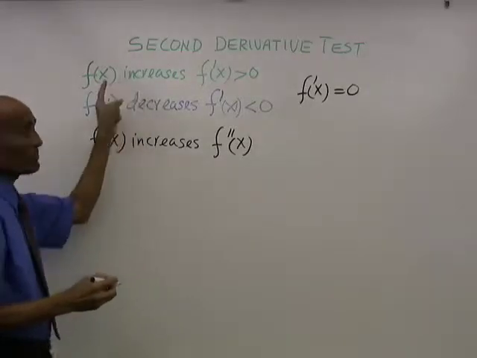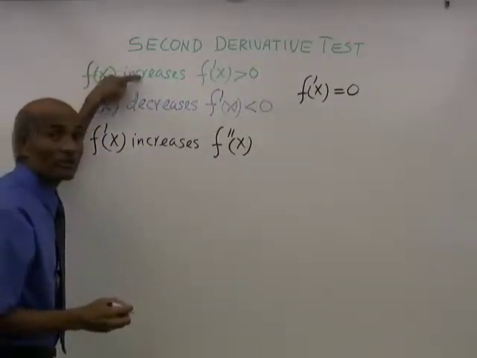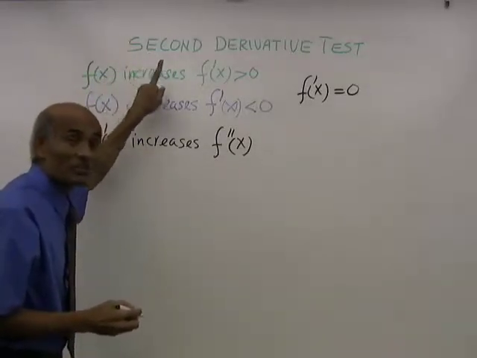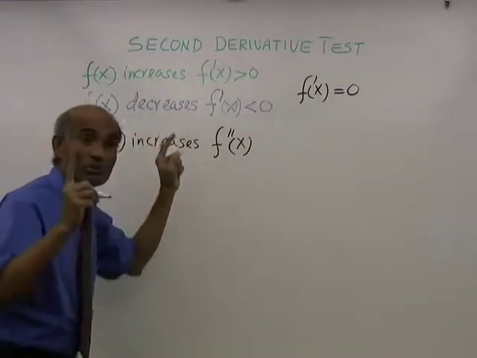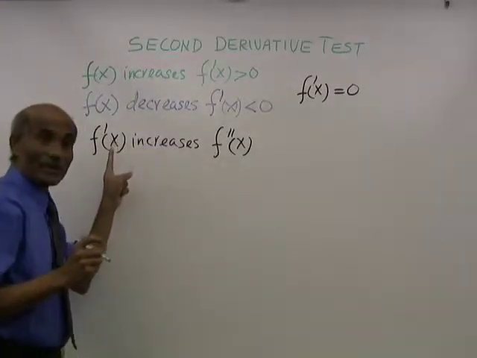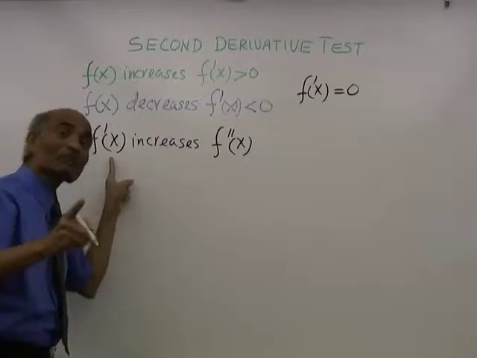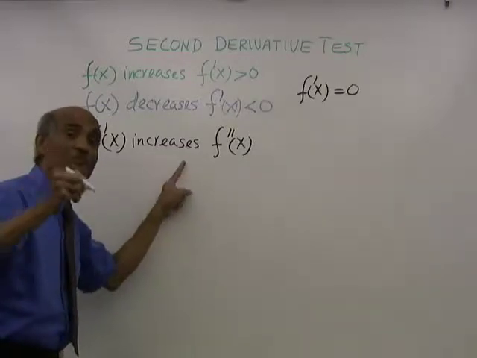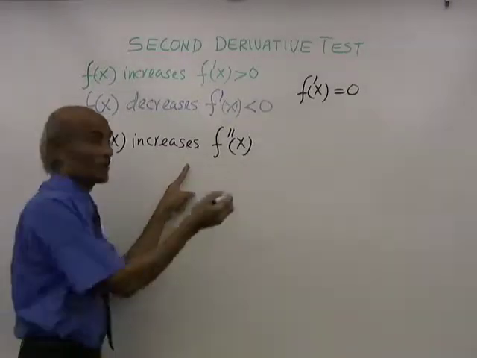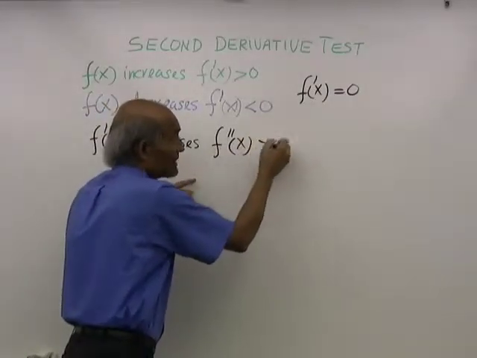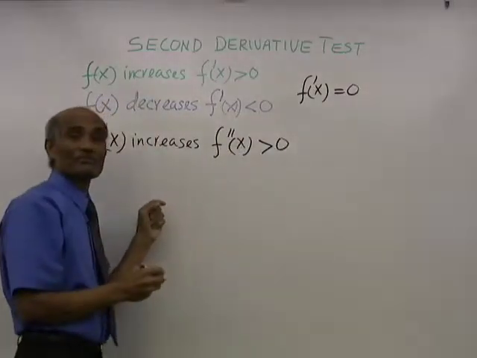Now connect this properly. If f of x increases, then its derivative f prime x will be positive. If f prime x increases, how about its derivative f double prime x? Is it reasonable to say that it will be positive?